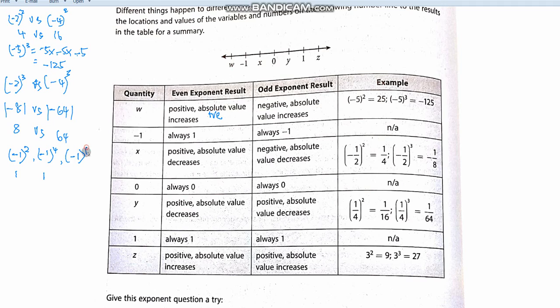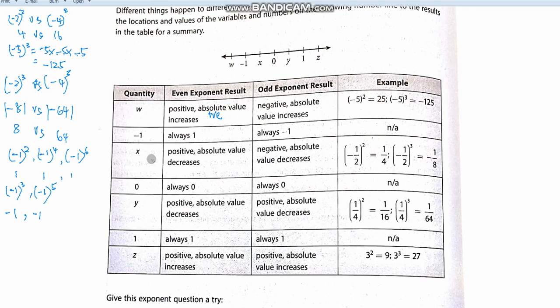Minus 1 to the power 6, you also get 1. Always 1. Now, you have minus 1 to the power of 3, minus 1 to the power of 5. As I explained earlier, you always get a negative and a 1. So it's always negative 1.